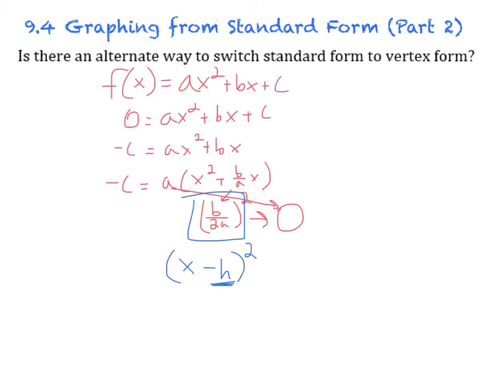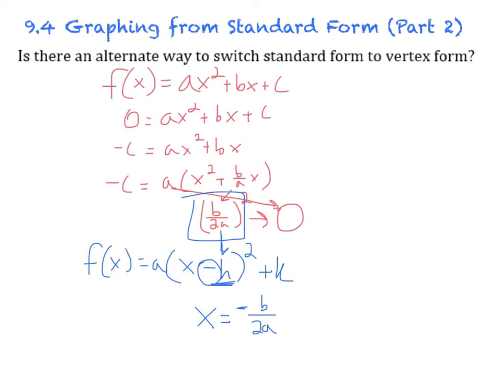And the h in my function, the h in my vertex form function, f of x equals a times x minus h squared plus k, that h is negative, meaning my x value of my vertex is always going to be negative b divided by 2a. Right?